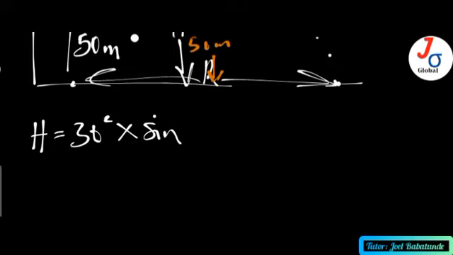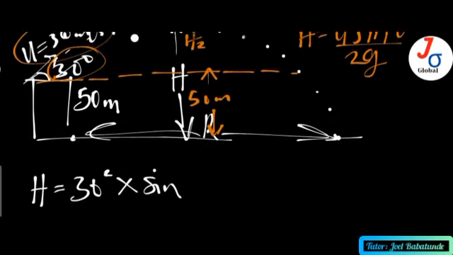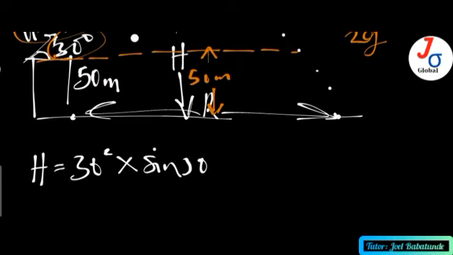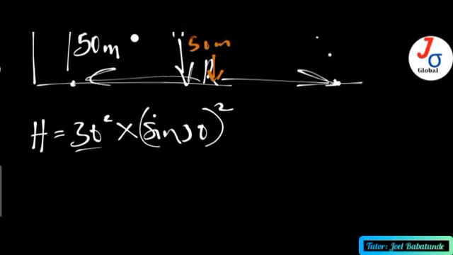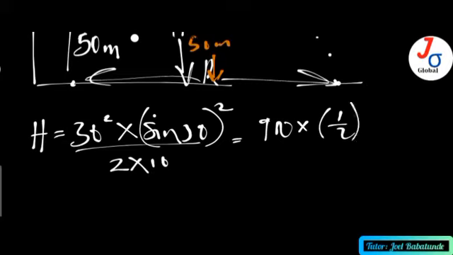What's my theta? My theta is 30. That's sine 30 squared, over 2 times G. G is 10 because it was not stated. So we have 30 squared. What's 30 squared? 30 squared is 900. 900 multiplied by 1 over 2 squared, divided by 20. The 0 cancels out the 0 here.